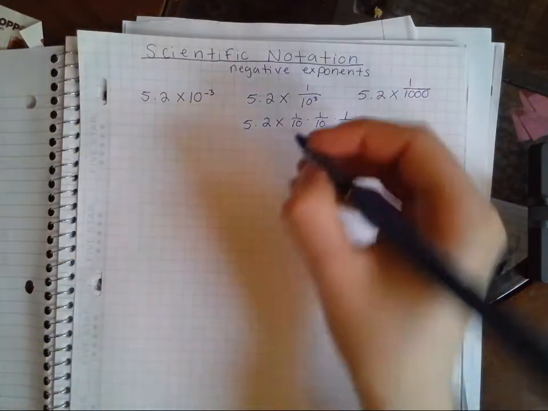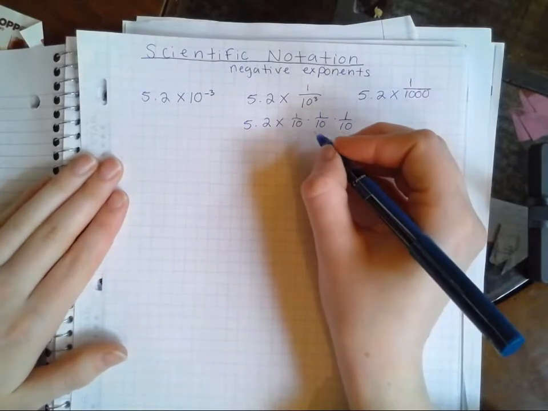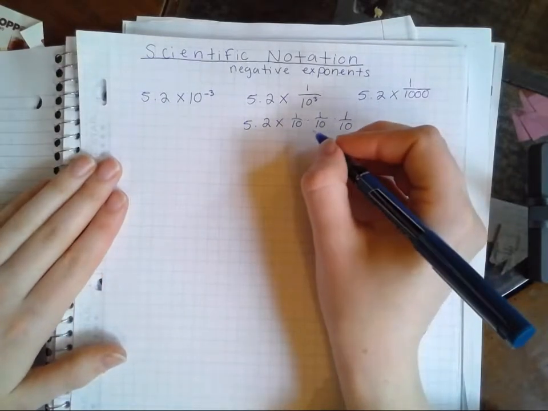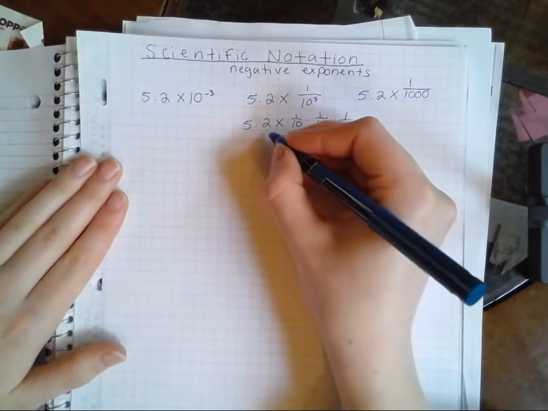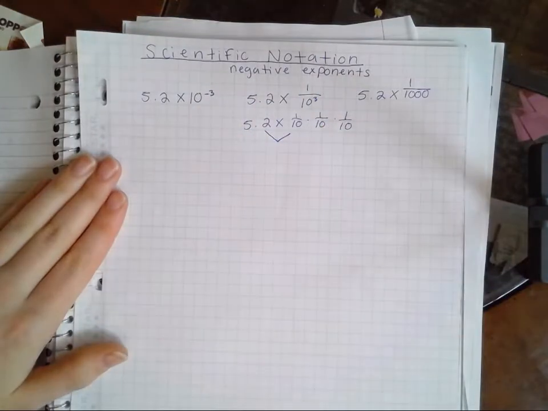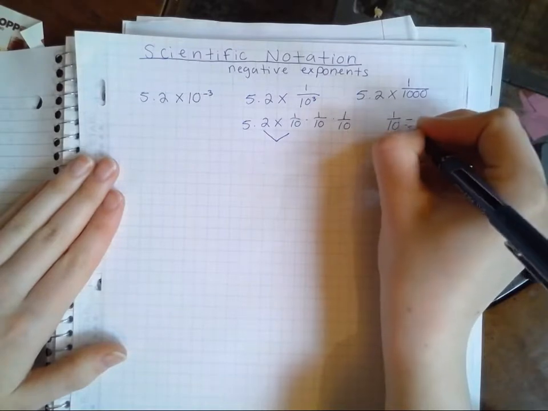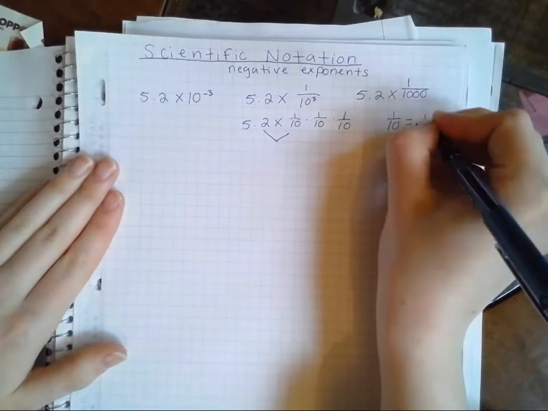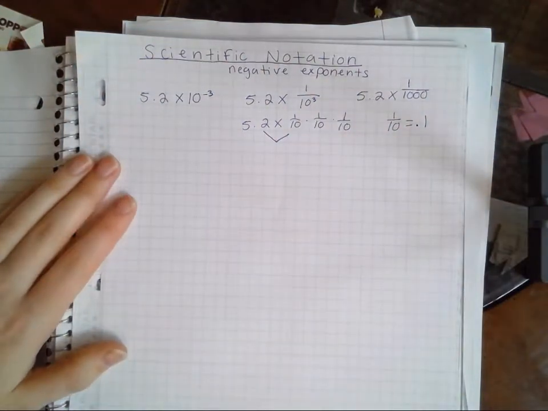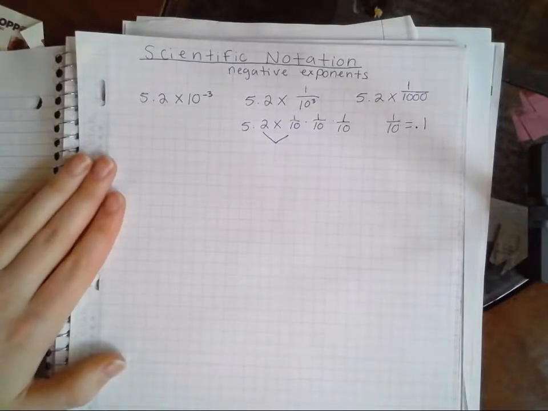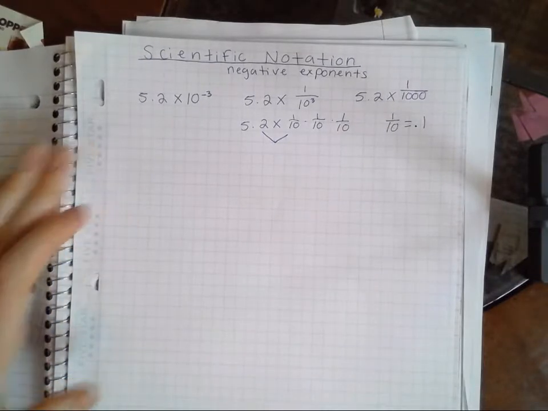I'm going to use this way just so that I can show you how it works step by step the same way as we did in the last video. So if you take 5.2 and you multiply it by 1/10, and we know that 1/10 equals 0.1, it's going to do the opposite of what multiplying 5.2 times 10 does.